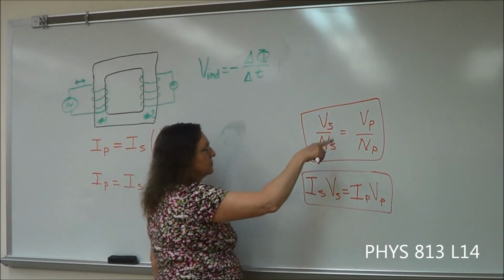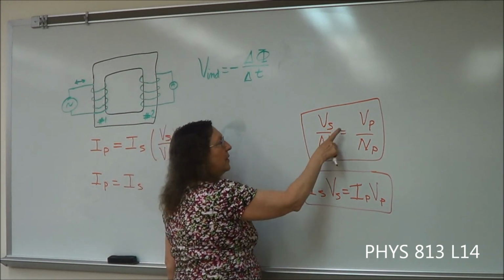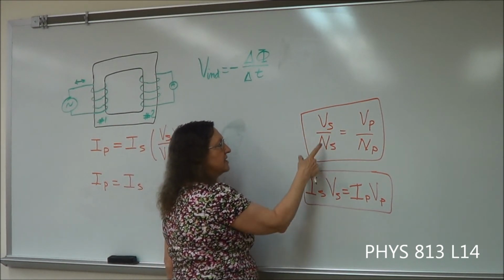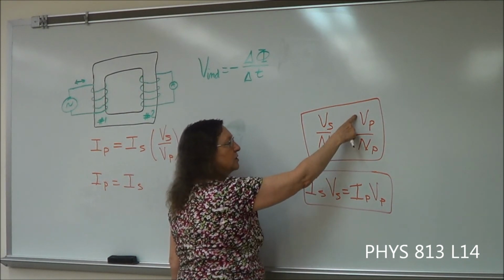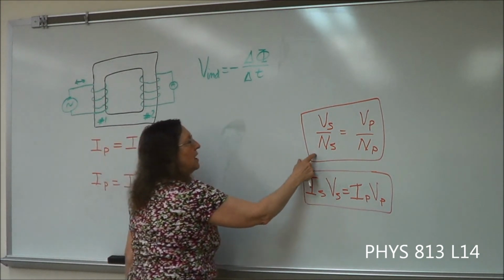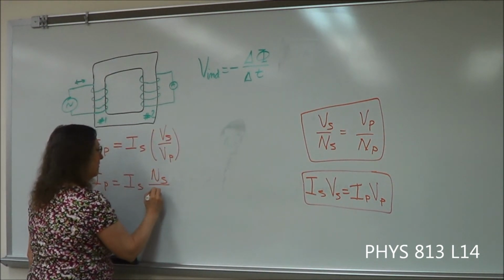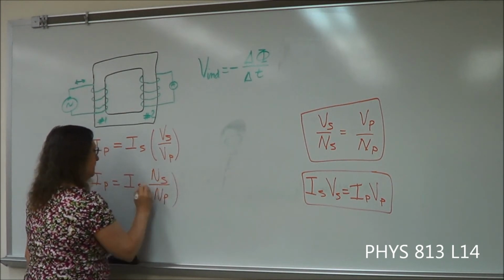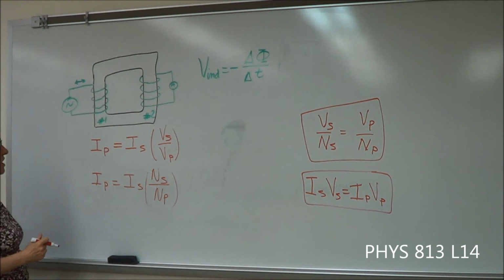Or you could just cross multiply and resolve, however you want to do it. We would end up with VS over VP, so that comes down here, and NS goes up there. So VS over VP is going to be NS over NP, and that is indeed what I have here.